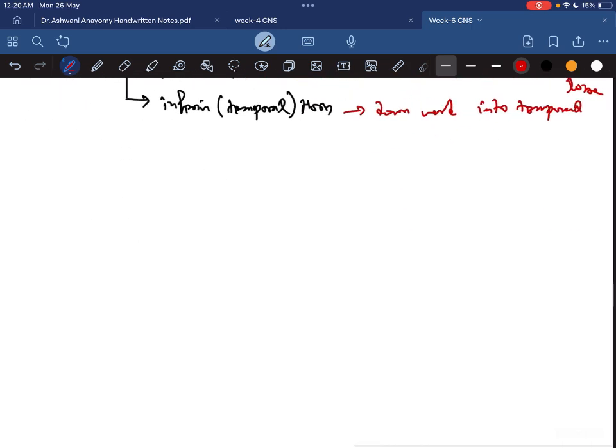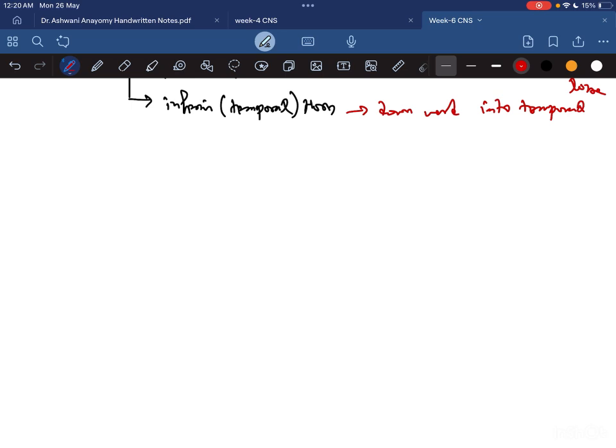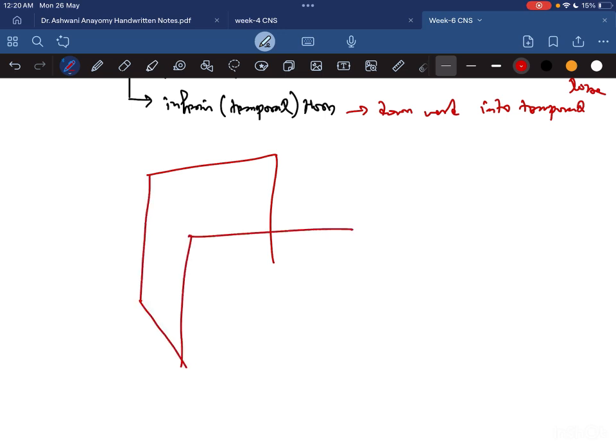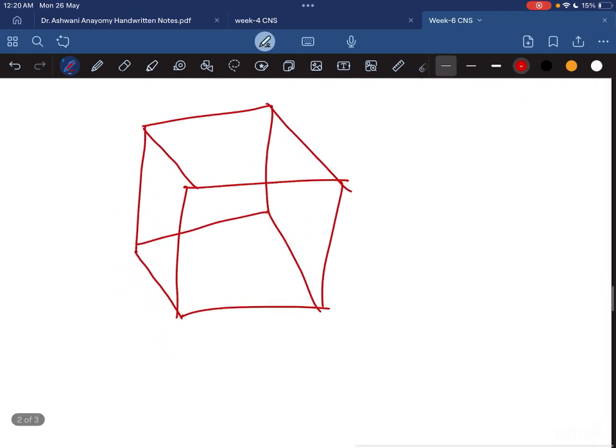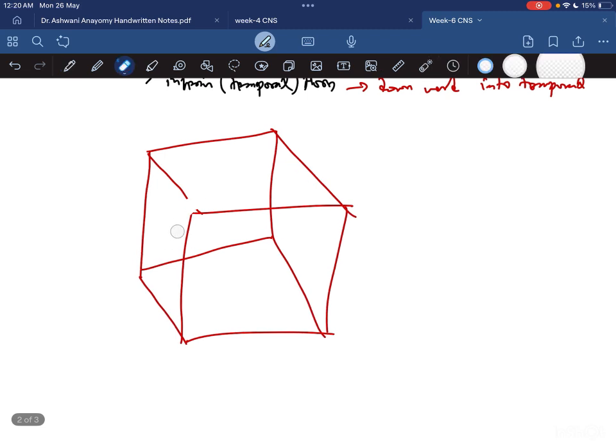Looking at a 3D diagram, I am making a rough drawing. Just imagine this is a hemisphere, for understanding and to make it clearer.